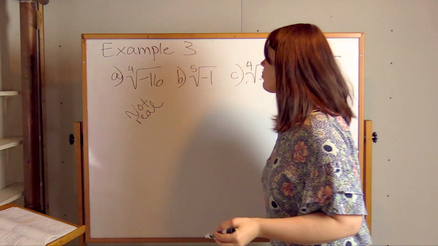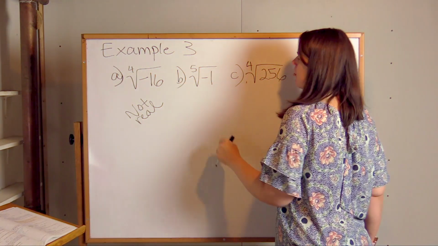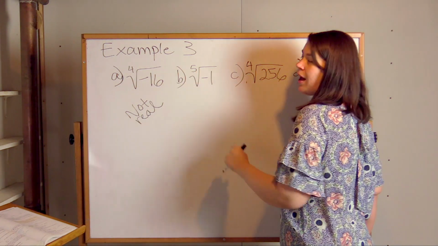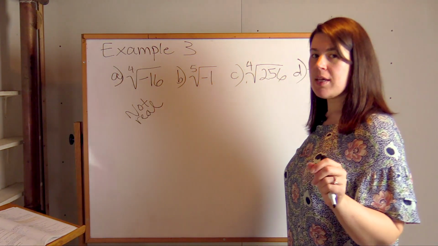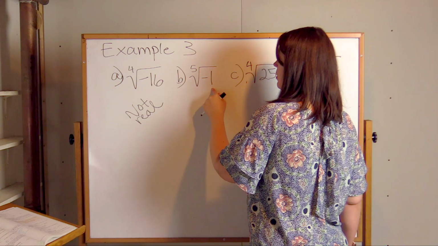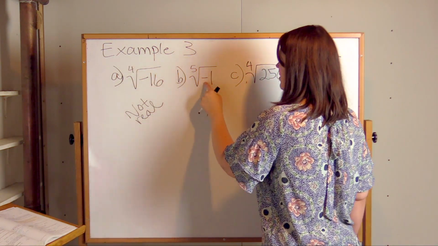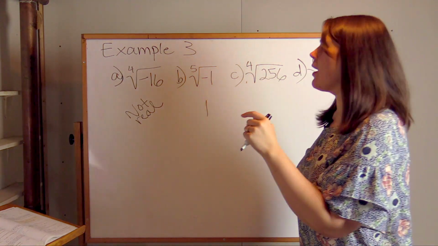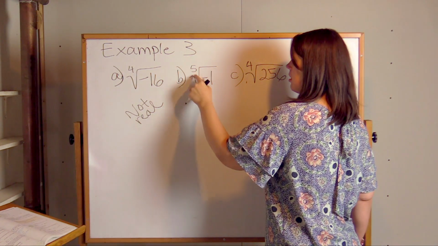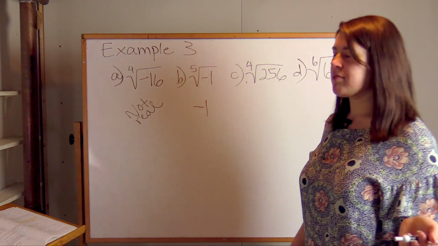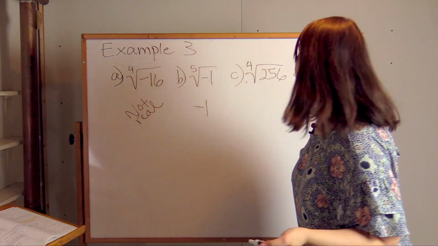Okay? Letter B. We do have a negative number under the radical, but it's odd, so that's possible. So what is the root of 1 times itself 5 times? Anything of 1 is 1, but this is negative 1. Because this is an odd root, it's going to be negative 1. Negative 1 times itself 5 times equals negative 1.